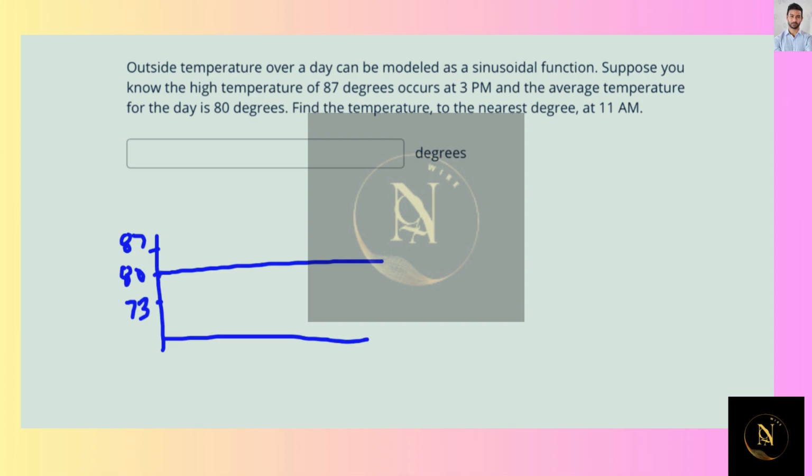And if the high occurs at 3, let's just say then this is 3. In a 24-hour cycle, then every 6 hours will be another critical point.